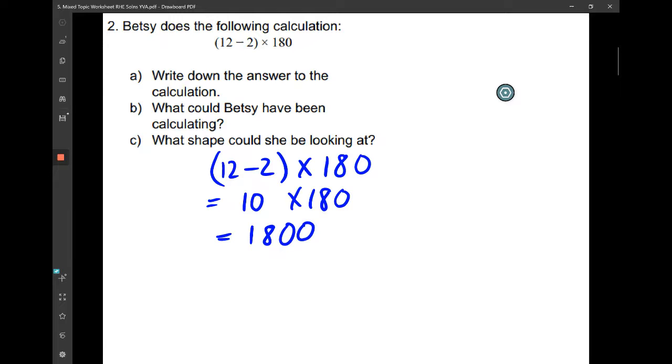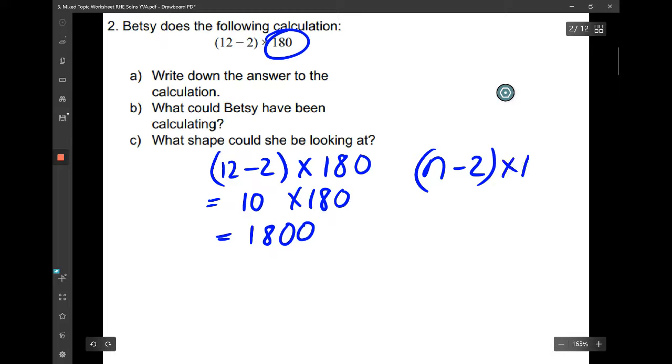What could Betsy have been calculating? Well, it looks like that is angles in a triangle. And this also looks like the formula n minus 2 times 180. So n represents the number of sides.